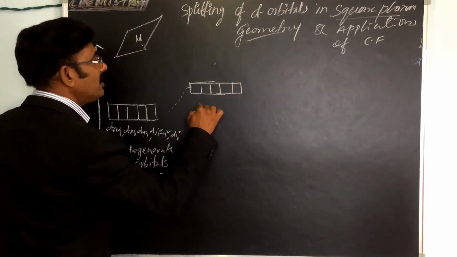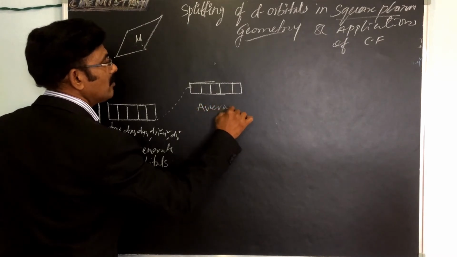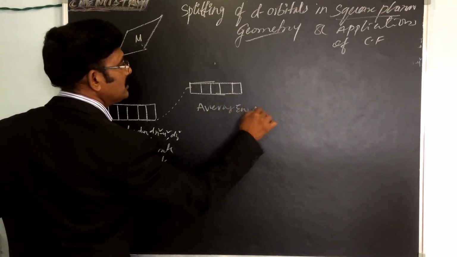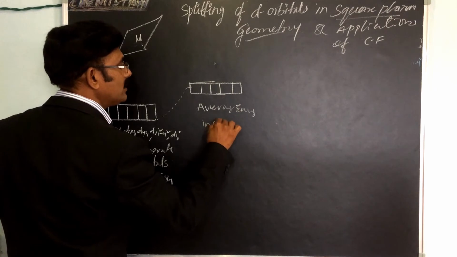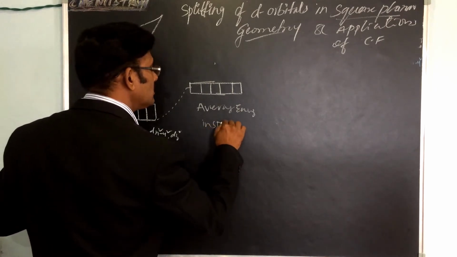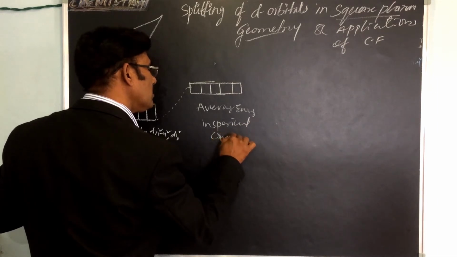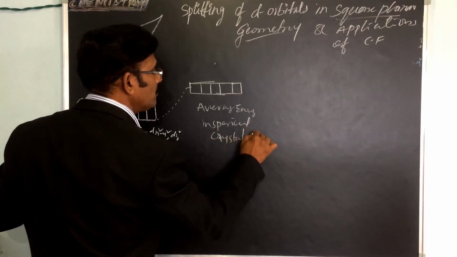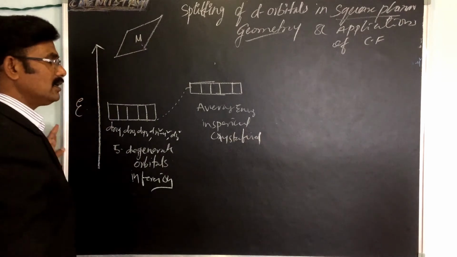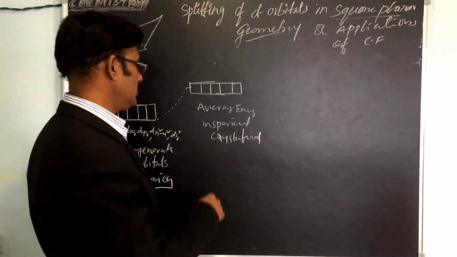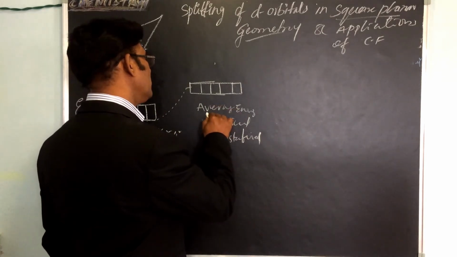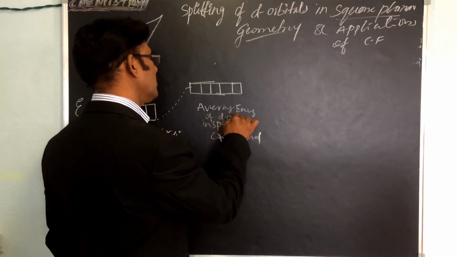So this is the average energy in the spherical crystal field, the average of the d orbitals.